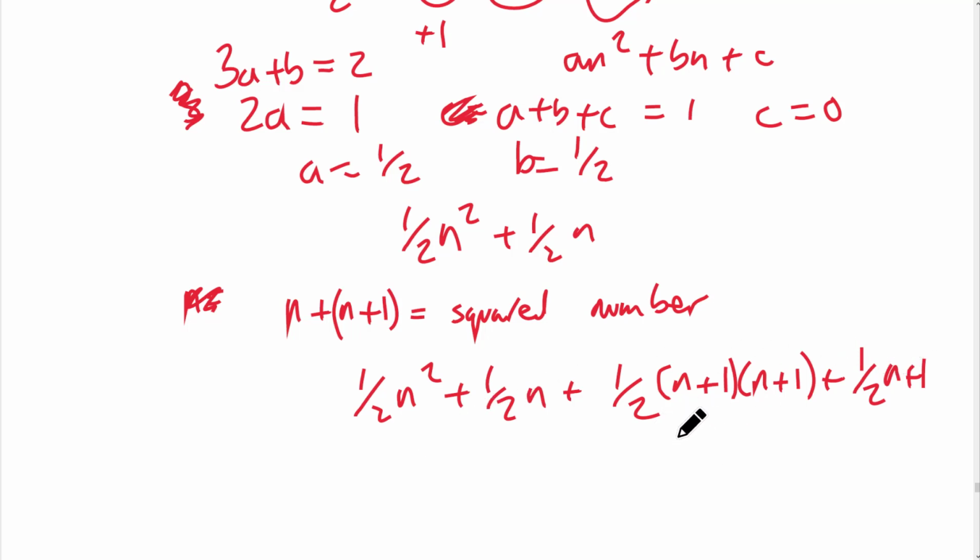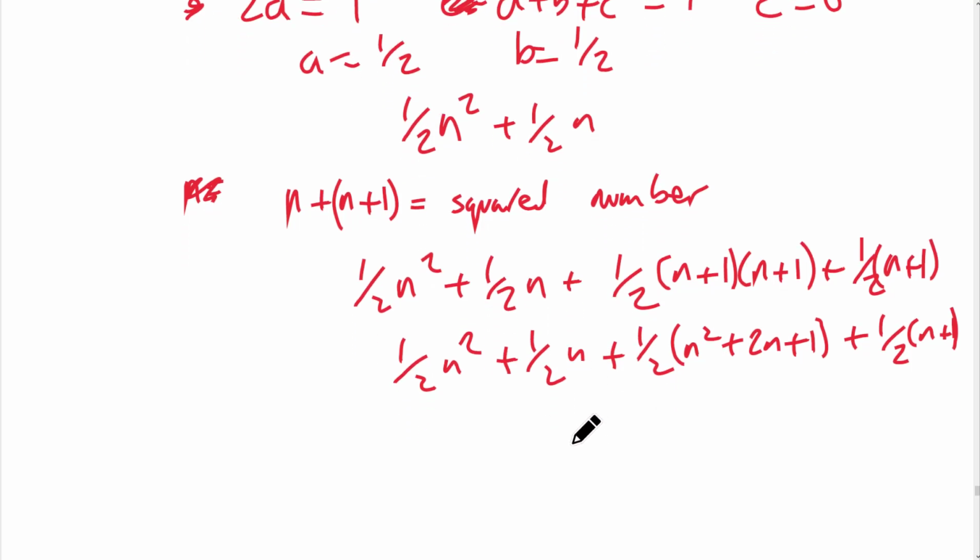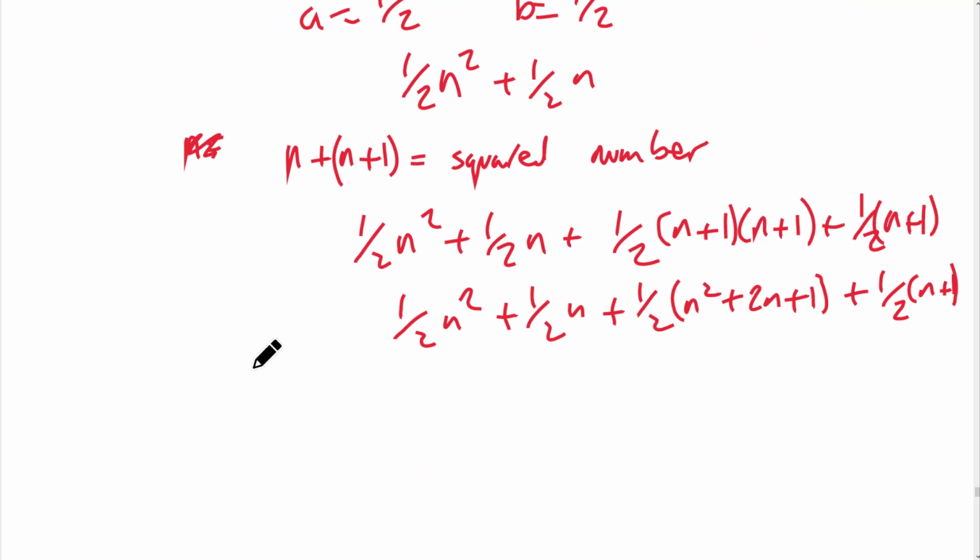So what's this going to be here? This bit is going to be n squared plus 2n plus 1, and that's a half. That's in a bracket, half n plus 1. Okay. Let's expand that all out.